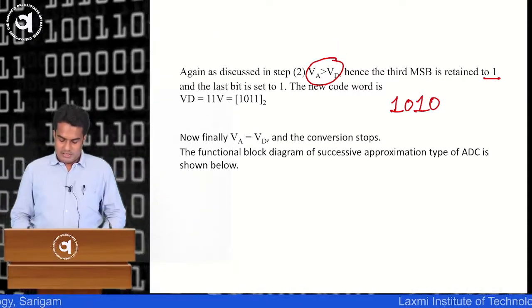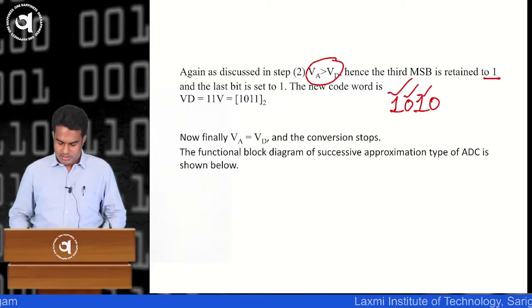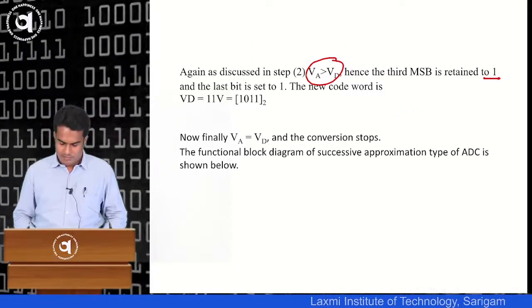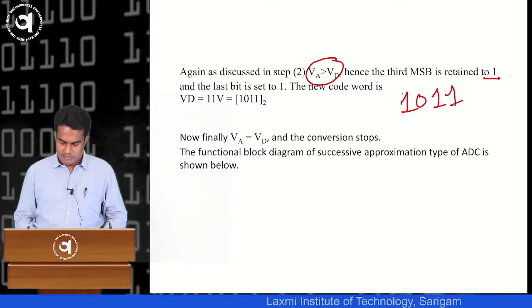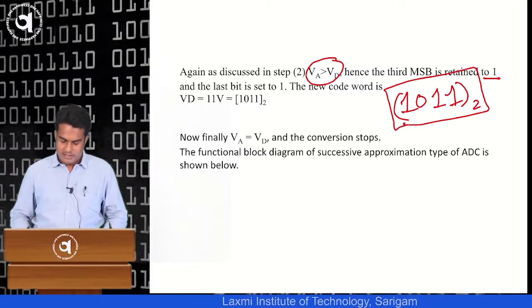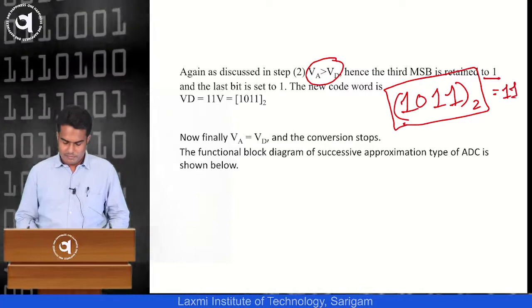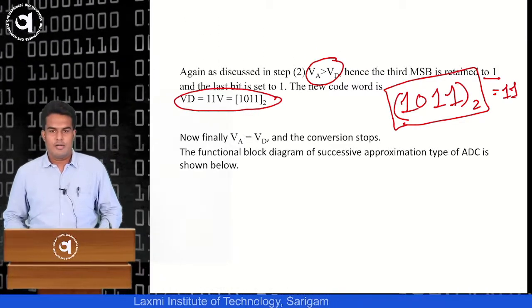Since the digital value is lower, the successive approximation register will retain the first 3 bits as they are, but the last bit will change into 1. So it will become 1011, and the equivalent decimal number is 11. So now the digital value is exactly equal to the analog value.